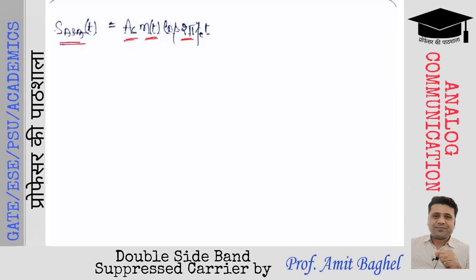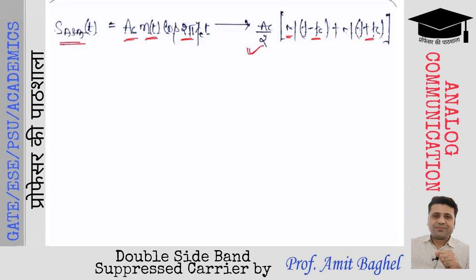When we take the Fourier transform of this expression, the Fourier transform of Ac m(t) cos 2 pi fc t will be Ac by 2, M of f minus fc and M of f plus fc.